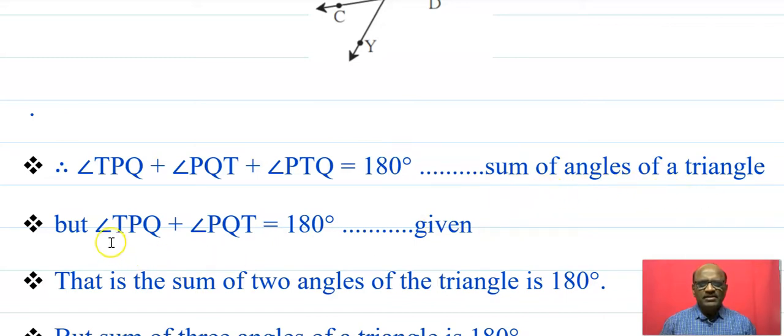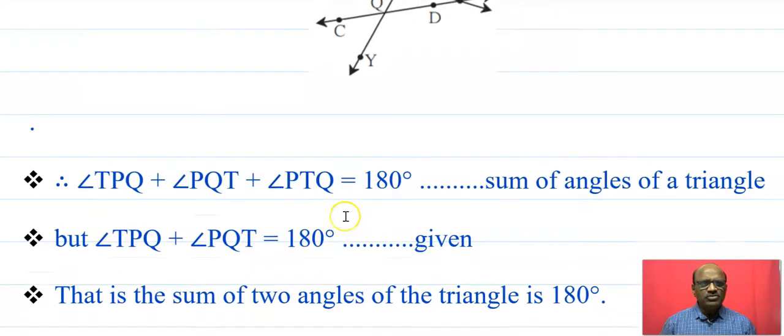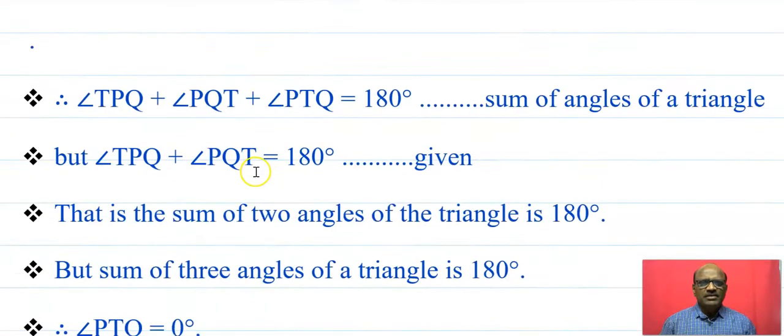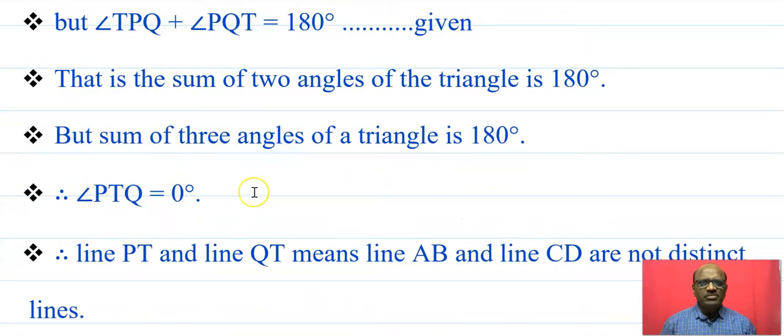But it is given that angle TPQ plus measure of angle PQT is equal to 180. We have given that here, and that's why if this happens, the measure of these two angles is 180. What about the measure of this angle? Then the measure of angle PTQ will be 0.